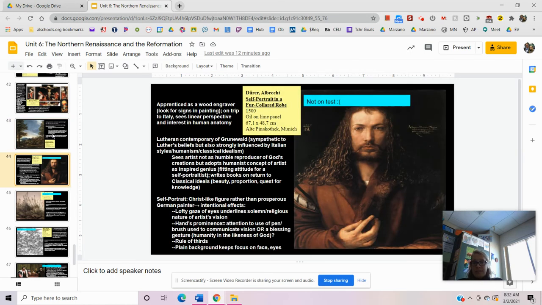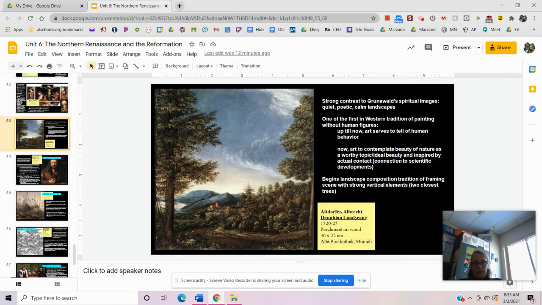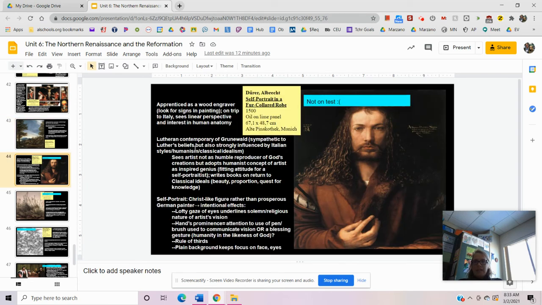Okay, this is a self-portrait of this painter, just to show you the other development that's happening here as well. This one is special because Durer, the painter of this piece and this one, is a Lutheran contemporary of Grunewald.